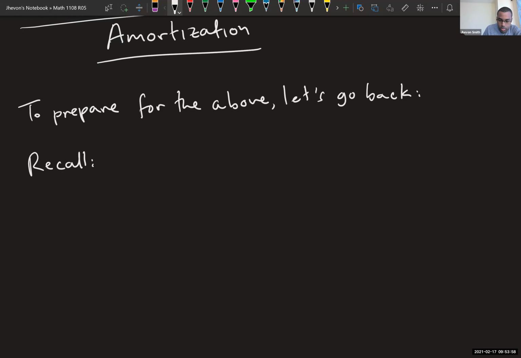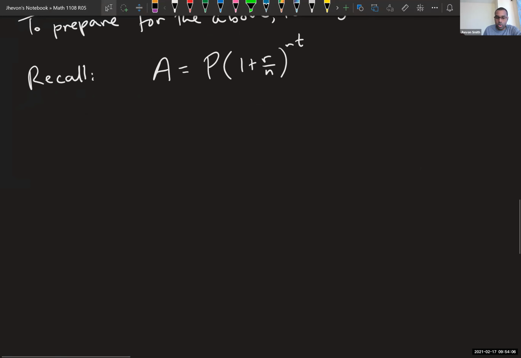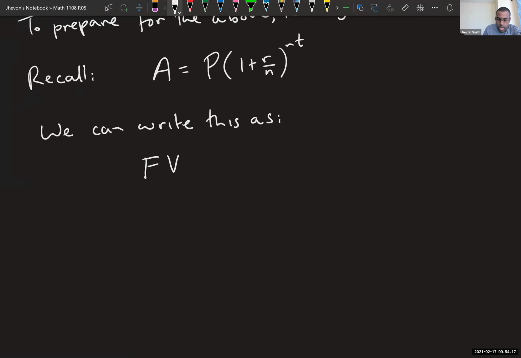A equals (1 plus r over n) to the nt. We know that was the compound interest formula. We can write this as the future value is the present value that I can put in at one time, set it and forget it, and achieve that future value.